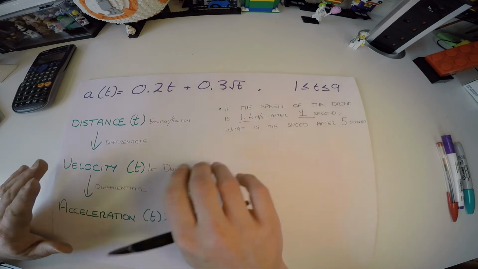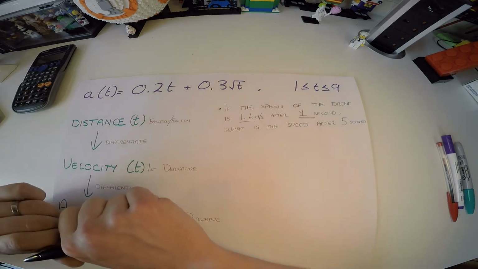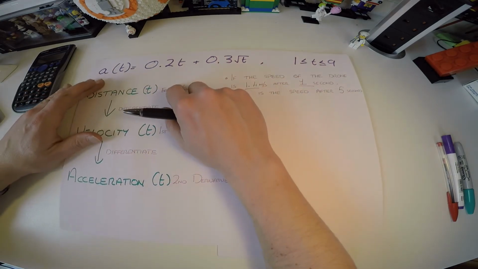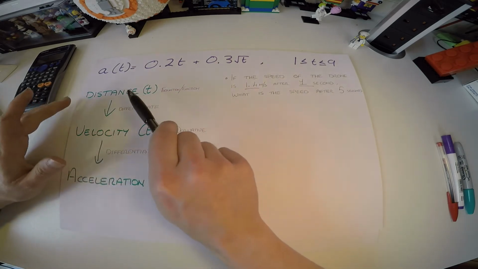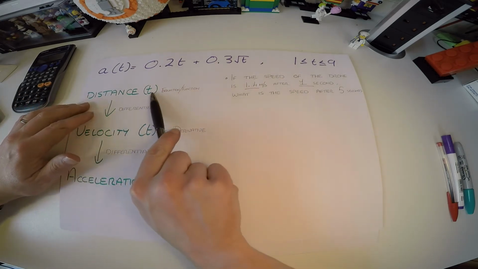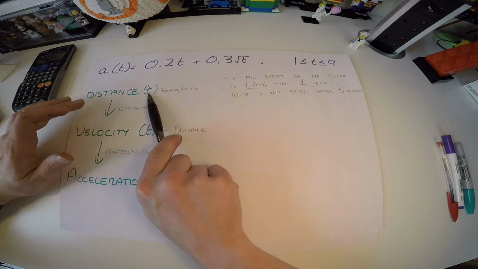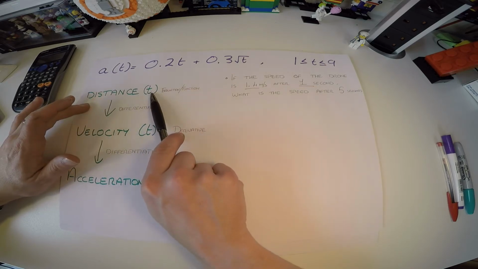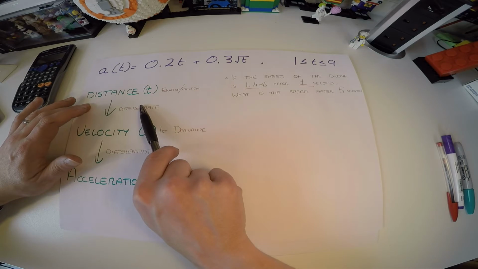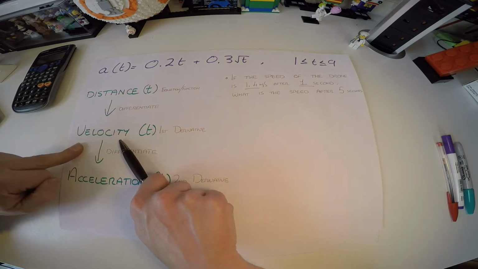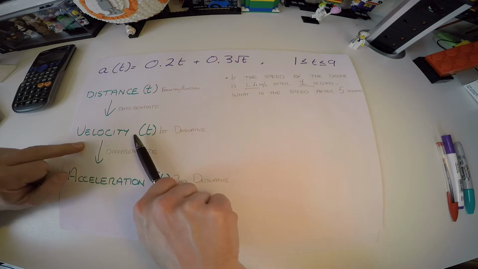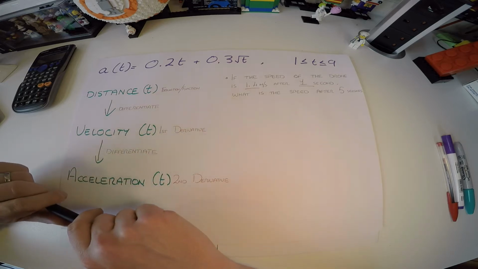But of course, you don't have a function for speed, you have a function for acceleration. So here's a general rule of thumb for you that you can remember. When we have a function in distance and time, if we differentiate that distance time function, the first derivative is the change of distance with time, which effectively is speed, or velocity.